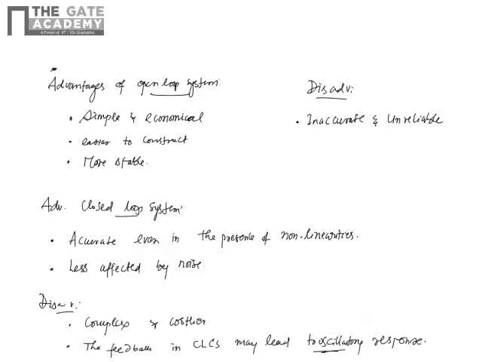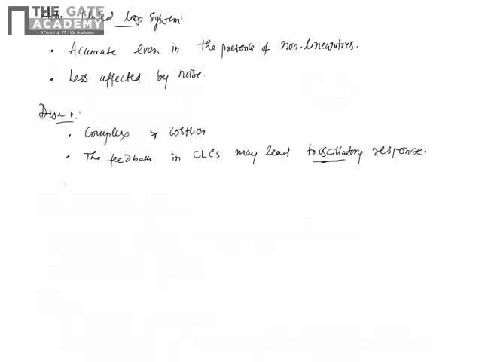Next, the other drawback is that stability is a major problem in closed loop systems, and more care is needed to design a stable closed loop system. So this is the beginning, the overview of the basics of control systems, like open loop and closed loop.